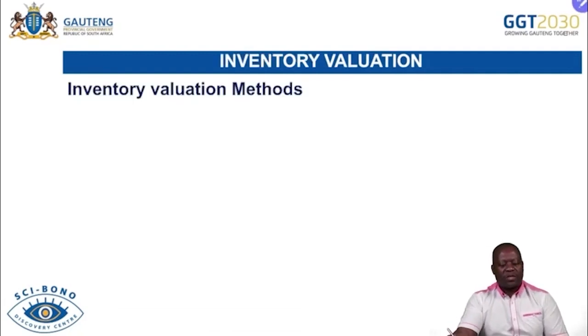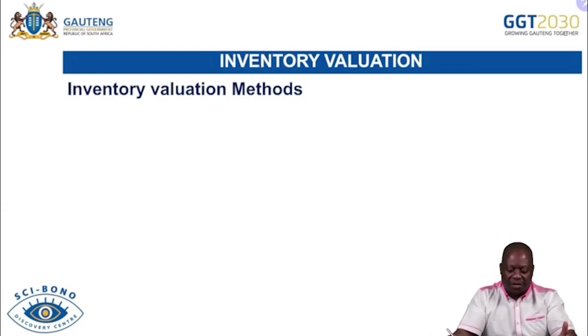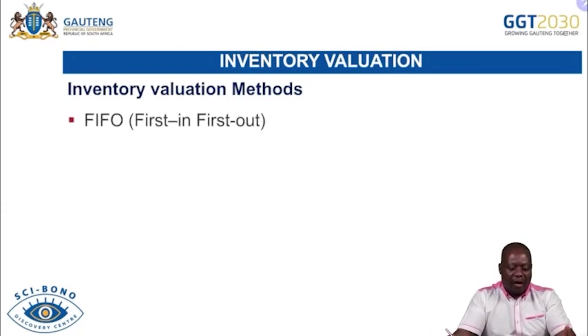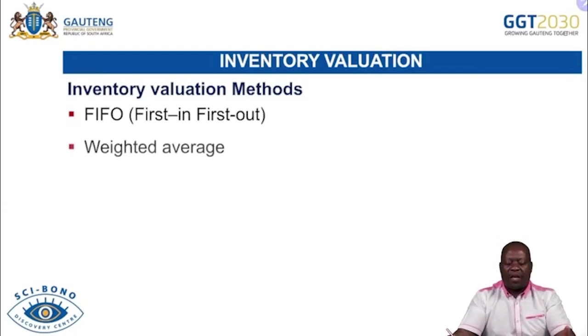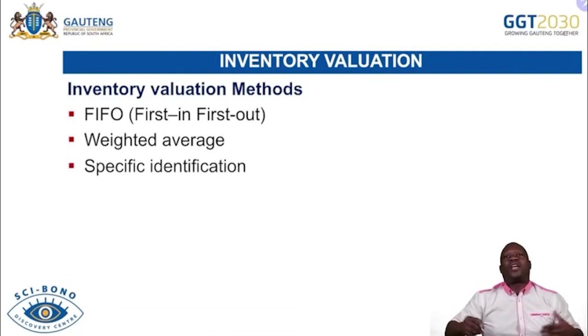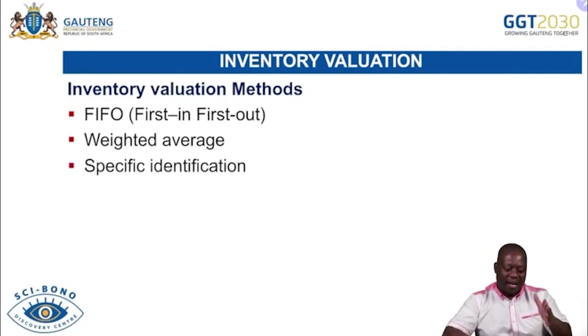That's what we are going to be looking into today. Now, you are going to see that when it comes to inventory valuation methods, we are going to be looking into 3 of them. The first one, first in, first out. In short, FIFO. What does this method say?